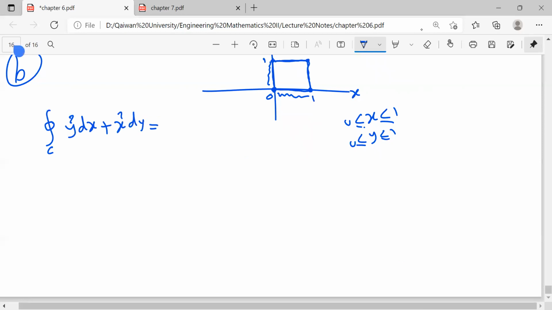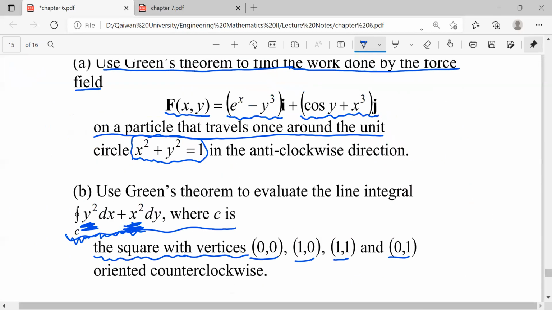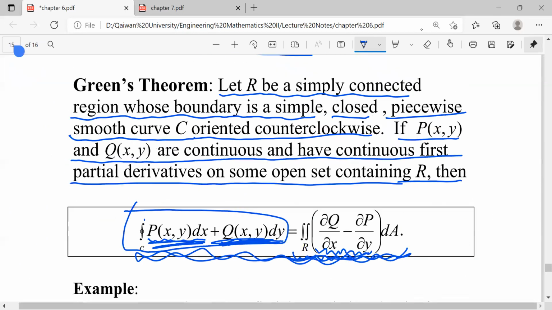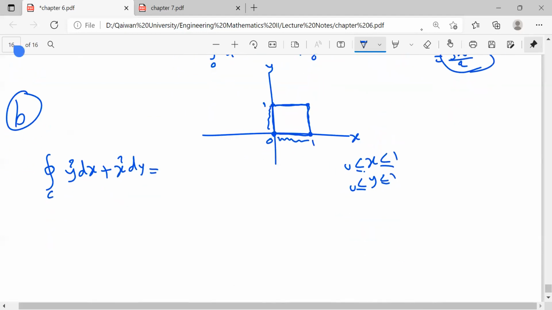It equals, look at Green's theorem. It says this equals the double integration over the region for partial q by partial x minus partial p by partial y. Here p of xy equals y squared, and q of xy equals x squared.